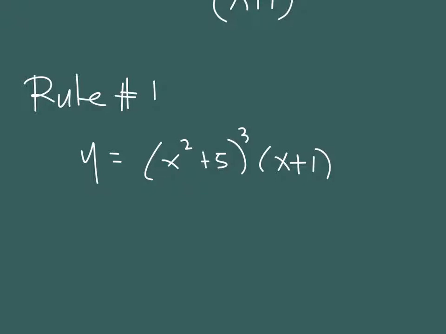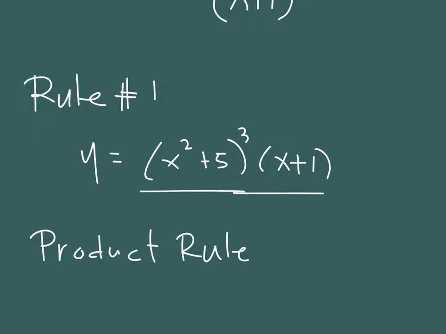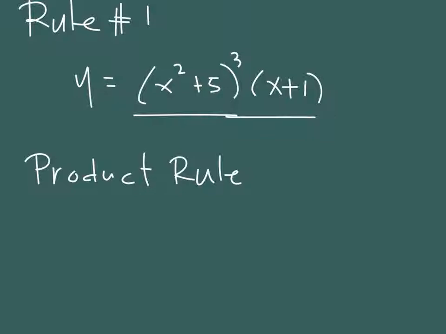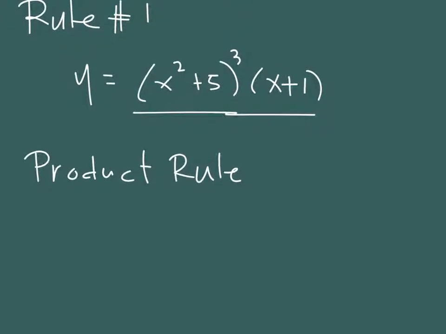From the expression itself, this is a product of two expressions. So we need to apply the product rule. Do you remember the product rule or product law? I'll state it formally and we'll apply the rule to the given expression.